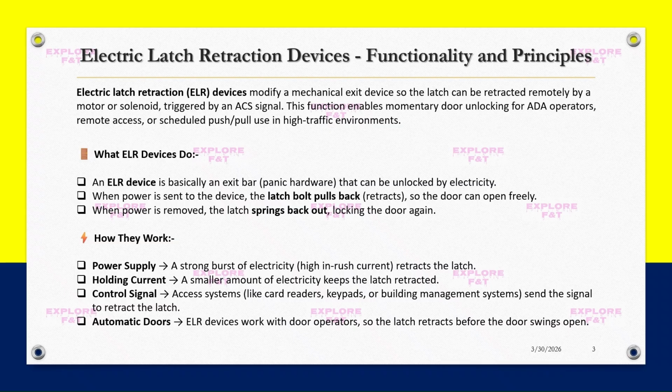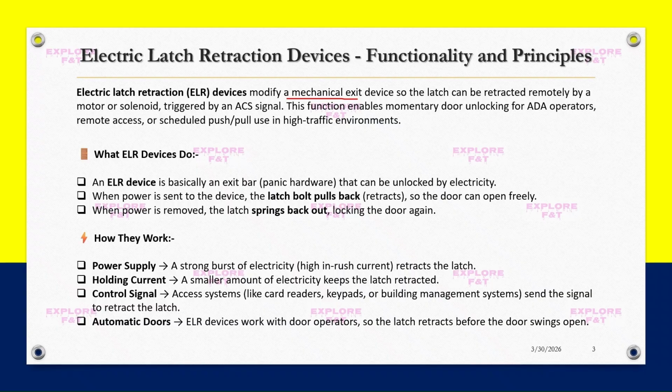Regarding function and principle, electric latch retraction devices modify a mechanical exit device. It's a modified version of mechanical exit devices so that the latch can be retracted. On what basis are we modifying it?